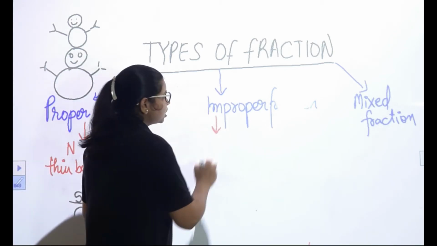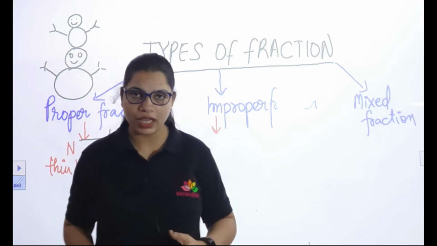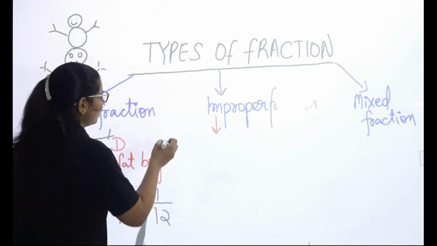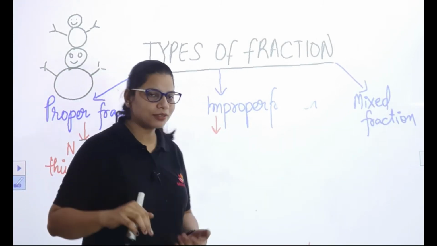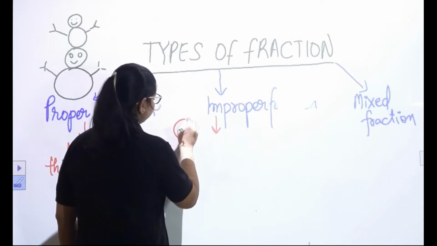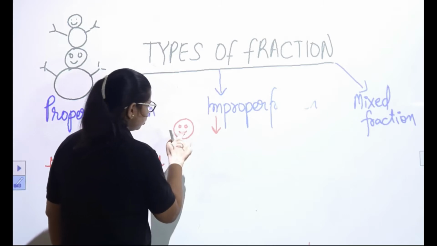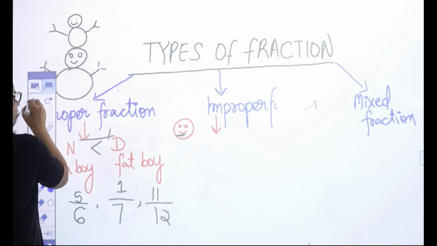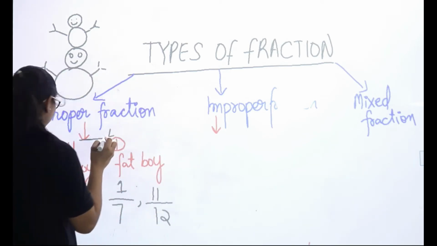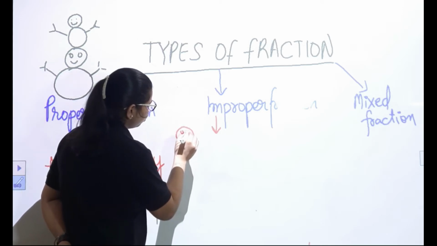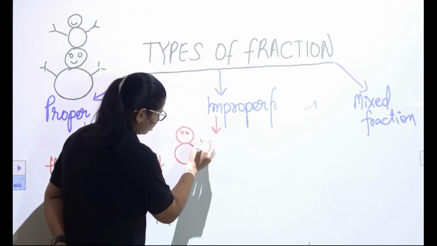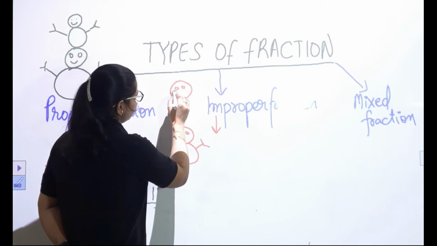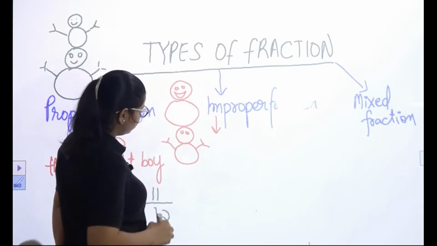So here, just imagine the situation where the thin boy is downwards and the fat one is over him. Oh my god, you can understand what's going to happen. The thin boy is going to be squeezed. Okay, I will be drawing it again. So this is the thin boy and this is the fat boy.